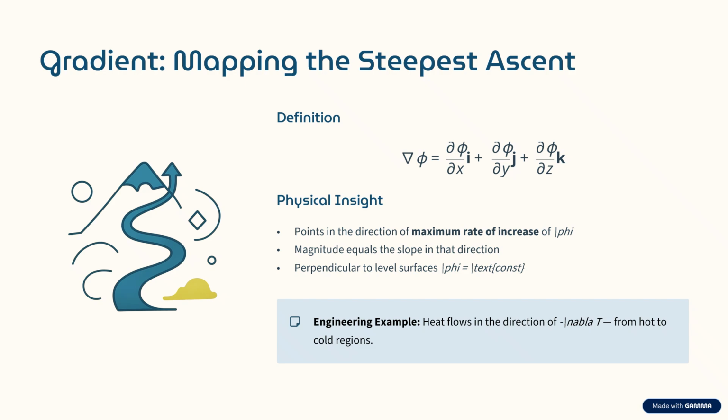Gradient of scalar potential is denoted by del phi and it is defined as dou phi by dou x into i vector plus dou phi by dou y into j vector plus dou phi by dou z into k vector. This del phi is a vector quantity.